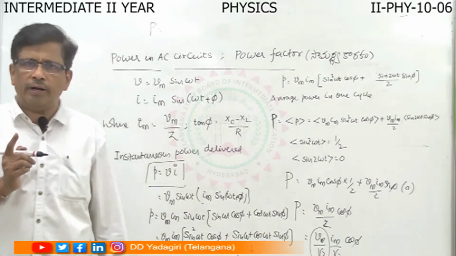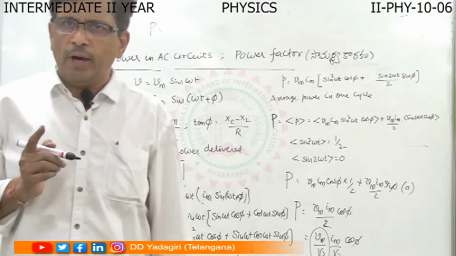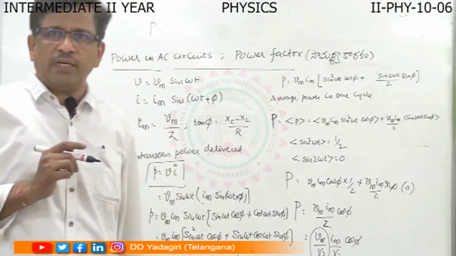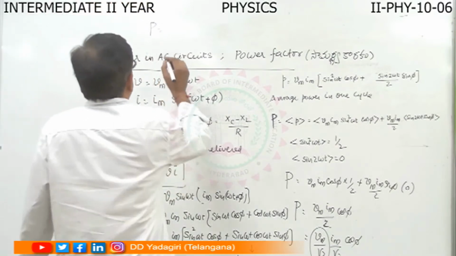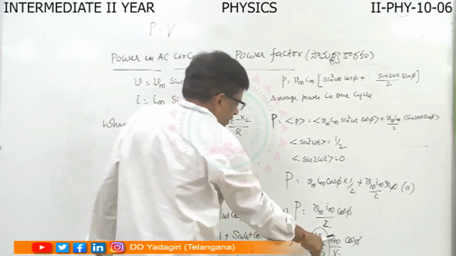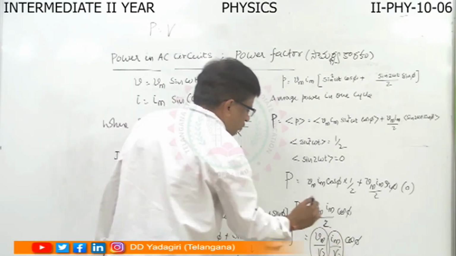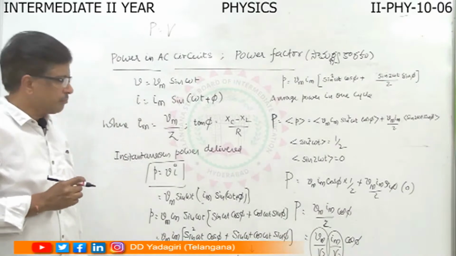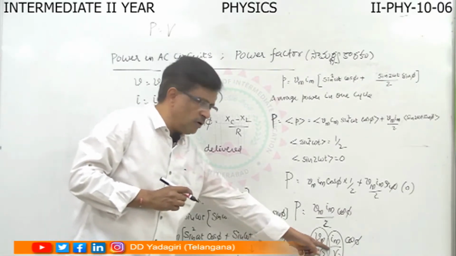Vm by root 2 was already given to you as the RMS value of voltage, which you can express as V RMS or simply V. And Im by root 2 is the RMS value of current.